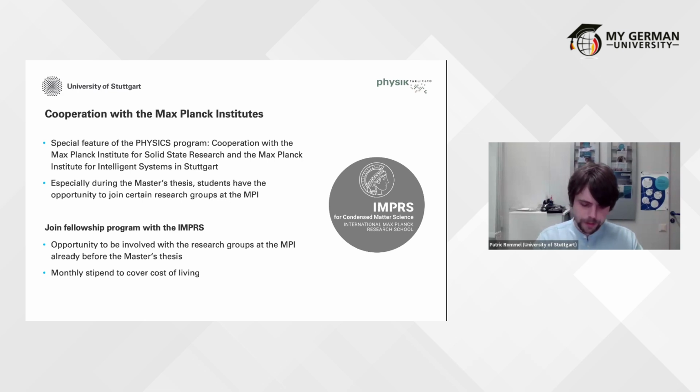And for strong applicants, there's also the possibility to join the fellowship program with the IMPRS at the MPI, which gives you a monthly stipend to cover your costs of living, and also gives you the opportunity to get involved with the research groups at the MPI, even from the start of your master's program, not just during the thesis.